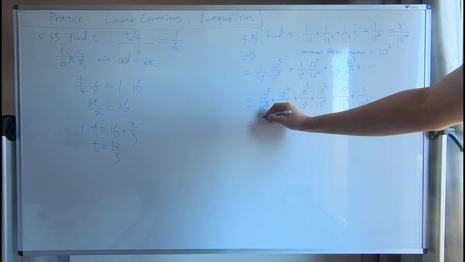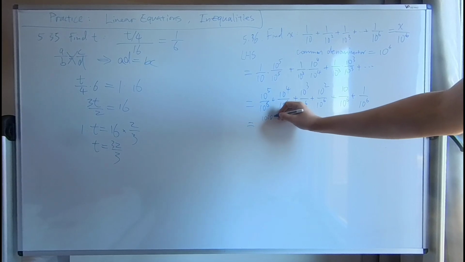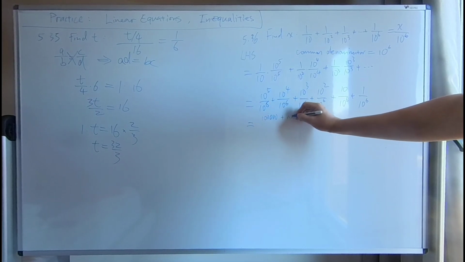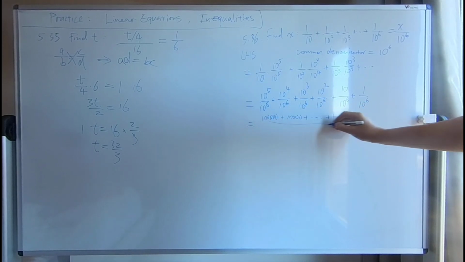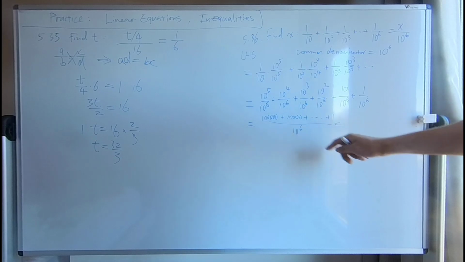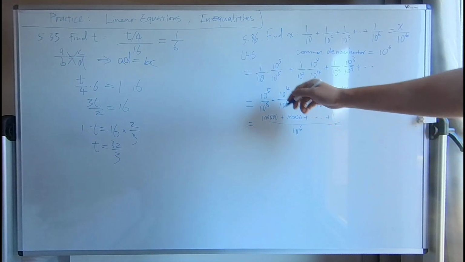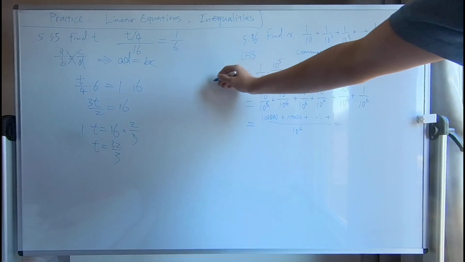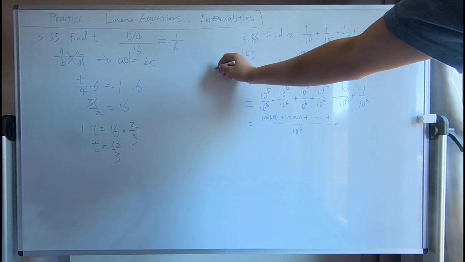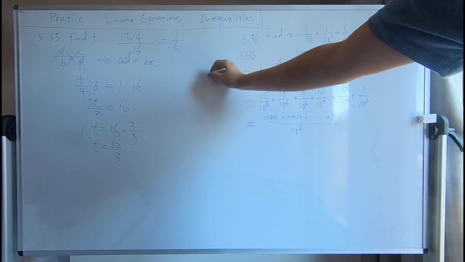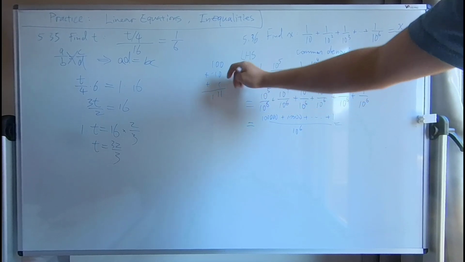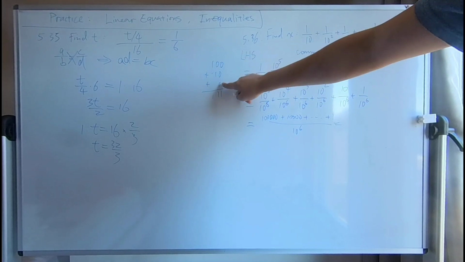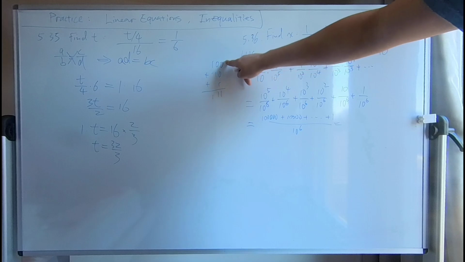It's really just the addition of the numerators, over 10 to the 6th. For the addition of all these, I can show you two or three of them first, and you will soon find the pattern. For example, 100 plus 10 plus 1 is 111, because each digit is 1 with multiple zeros.